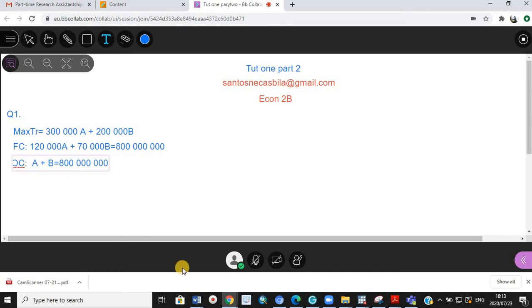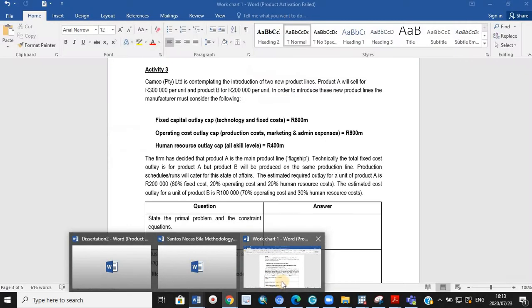So let's go and see. Again, we'll need to find 20% of 220. In other words, 60%, 20%, 20% for the 220 for each constraint, right?